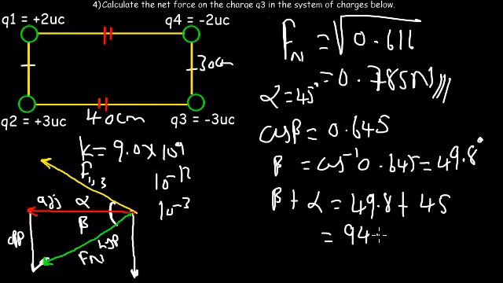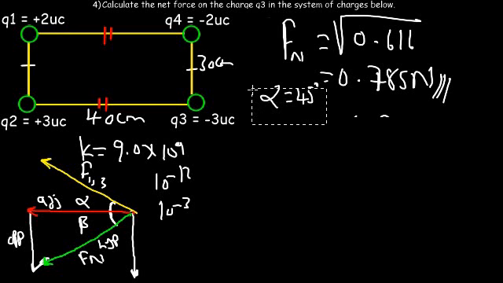Perfect. So right now I can now find the total net force. So let me get rid of this and find the total net force. So I just said that gamma as the total angle is 94.8.